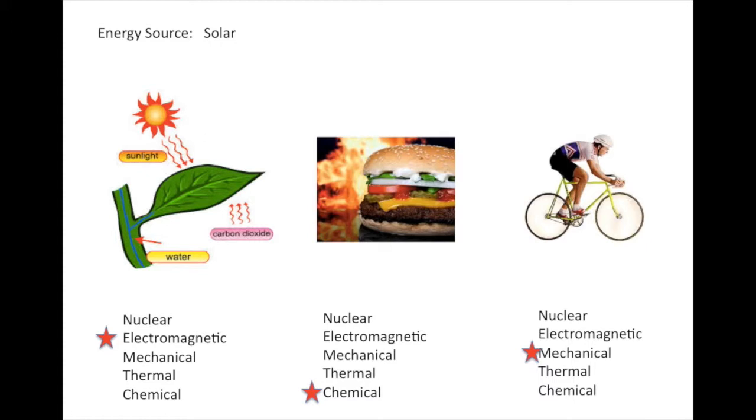So if we start at the beginning, we have electromagnetic energy from the sun that the plant converts to chemical energy in foods, and we ingest foods, or the cyclist ingested the food and was able to perform a mechanical task riding his bike. Let's look at the next one.